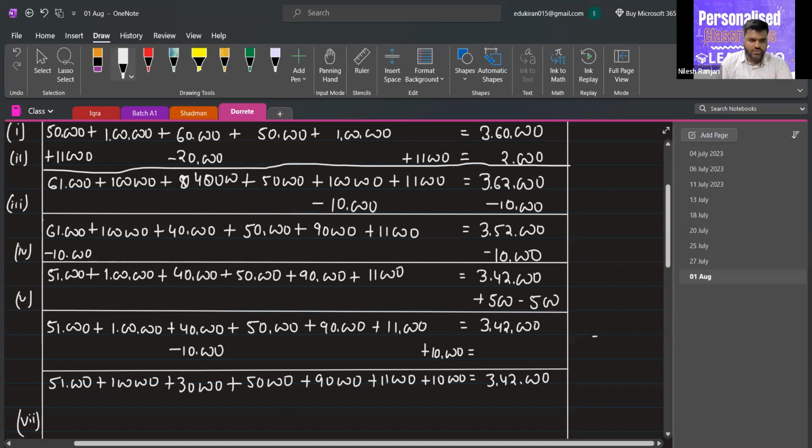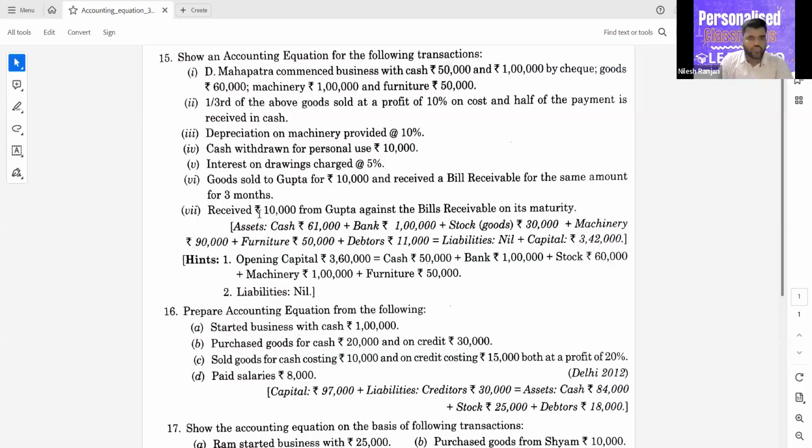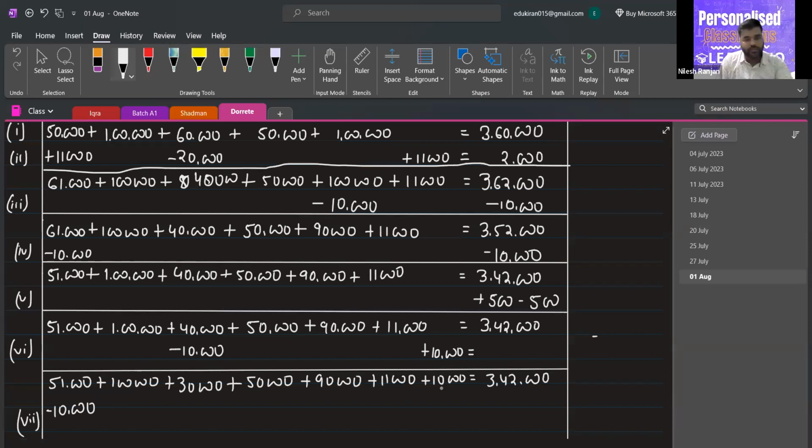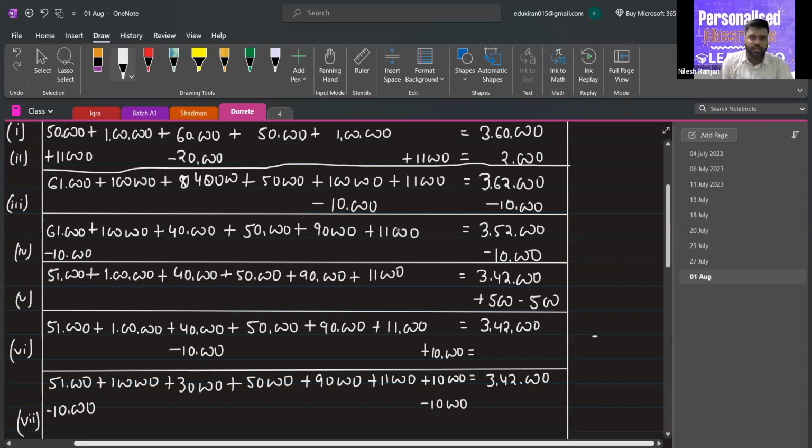Now the last transaction, transaction number 6. Received 10,000 from Gupta against the bills receivable on its maturity. So you have received 10,000 from Gupta, so it will be added in cash, 10,000, and against bills receivable, this bills receivable will be deducted by 10,000 because it is now realized.